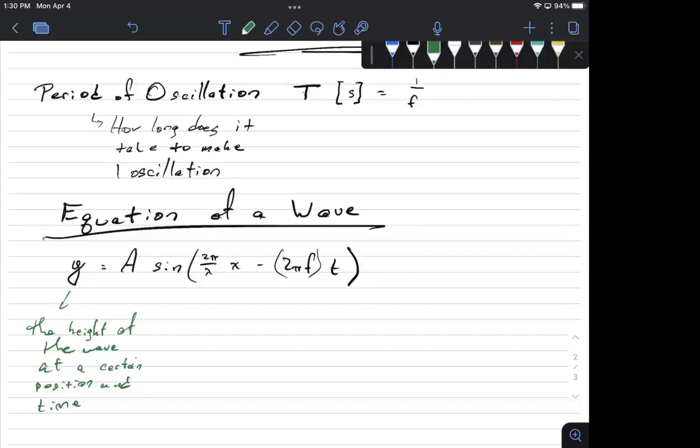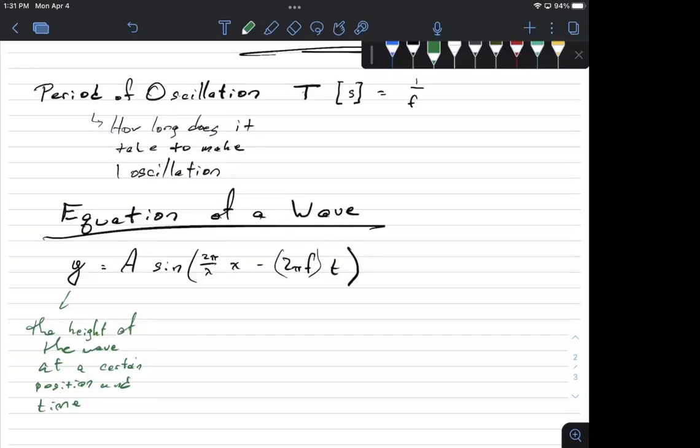So I want to know if I look over there 10 feet away in 2 hours, what will the wave's height be? Or how high was the wave 5 seconds ago at that location? If I study the waves for a little bit, I'll know its frequency and its wavelength, and I can use this equation to predict the height of a wave at any location in the Gulf of Mexico or at any time.